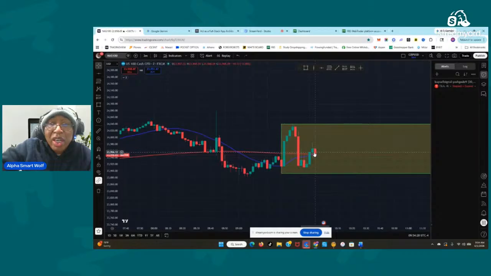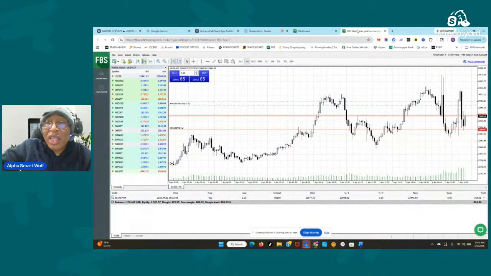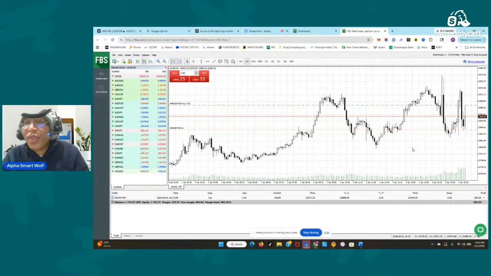We could literally get a very explosive move here, either to the downside or to the upside. Now, if it goes to the downside, it's going to hit our stop loss. We're going to delete that. You can see where our stop loss is. This is our stop loss right here. We are very close to our stop loss.